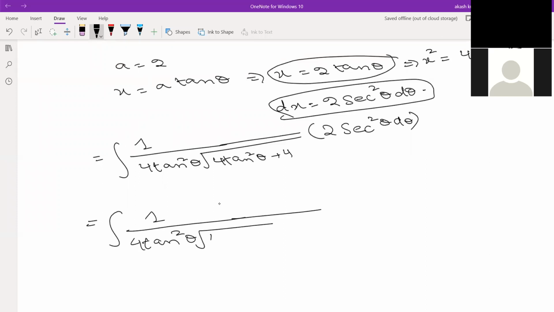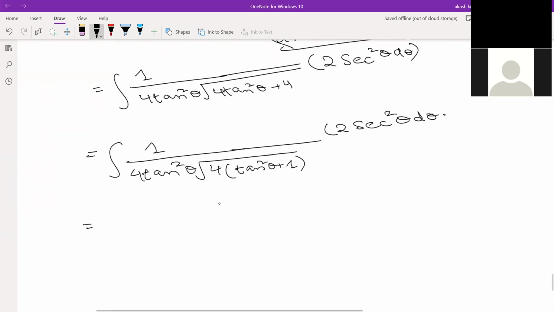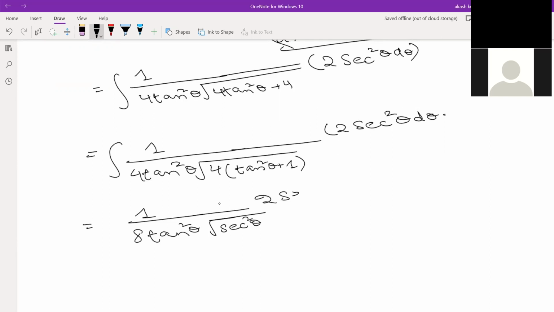Can I take 4 common? It becomes 1 over 4 times tan squared theta plus 1, and here it is 2 sec squared theta d theta. The square root of 4 is 2, and 2 multiplied by 4 becomes 8. We know that 1 plus tan squared theta is sec squared theta.